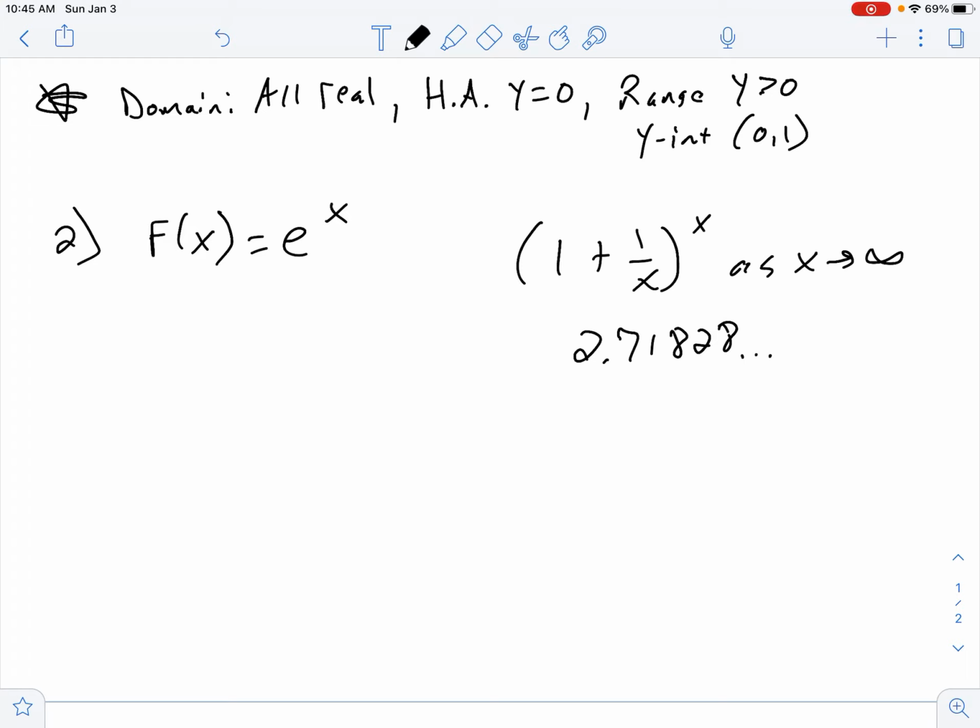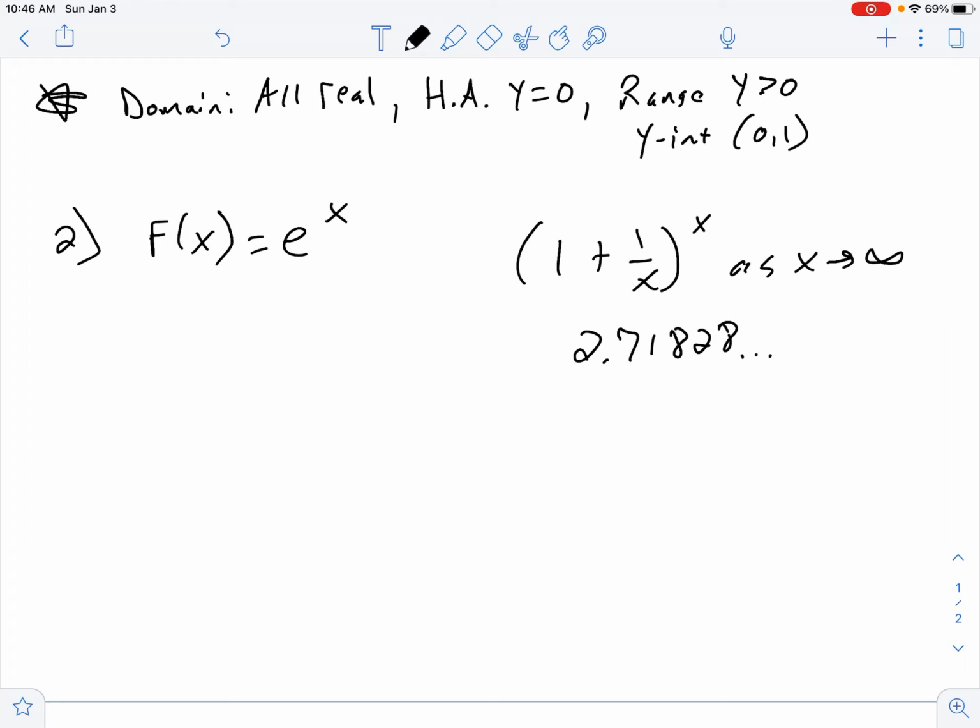Think about pi, 3.14, it keeps going on forever. And that is similar to the natural base e. E is the natural exponential. They call it the natural exponential because it arises naturally in math and in the physical sciences, just like pi arises naturally in geometry.